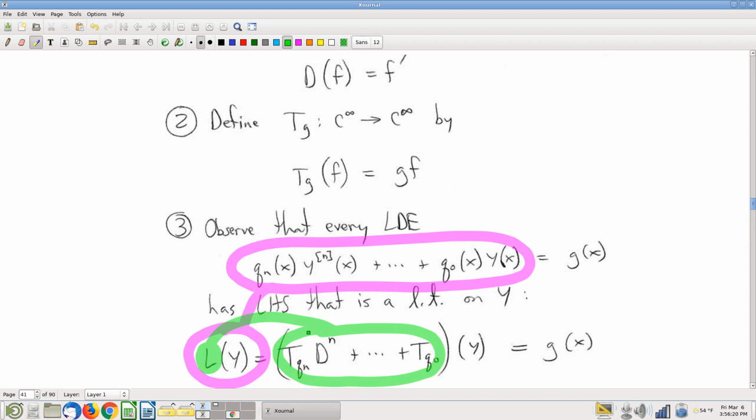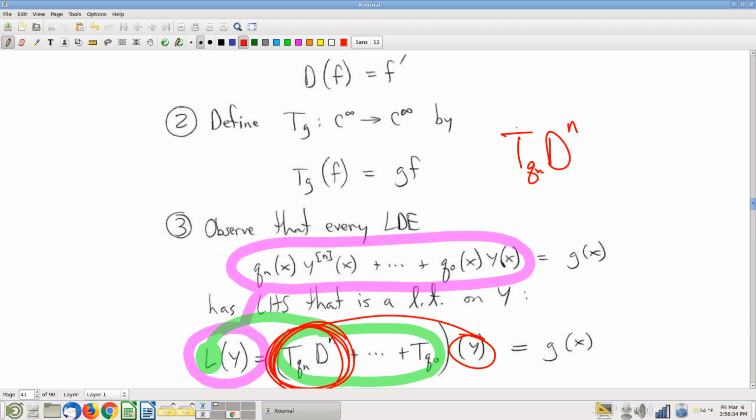Let's look at this term right here. What does T_qn D to the n do to y? Well, just following the rules, D to the n says take n derivatives.